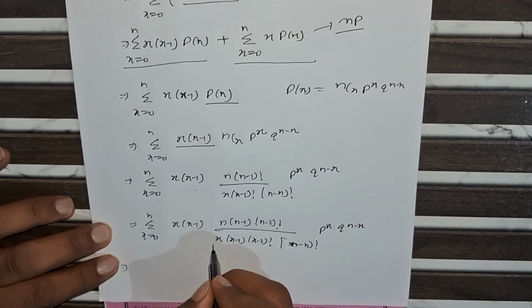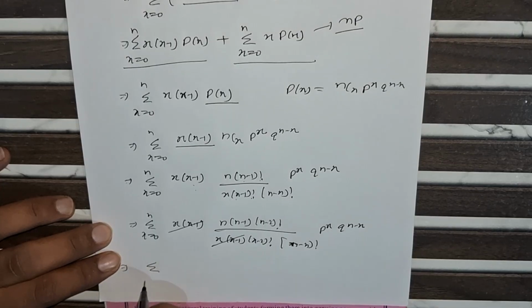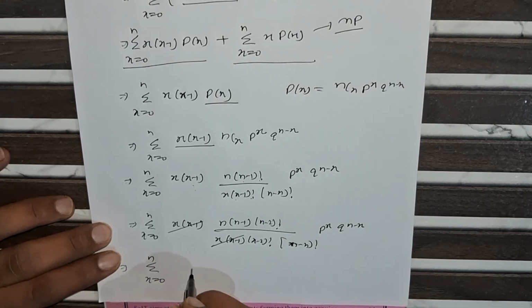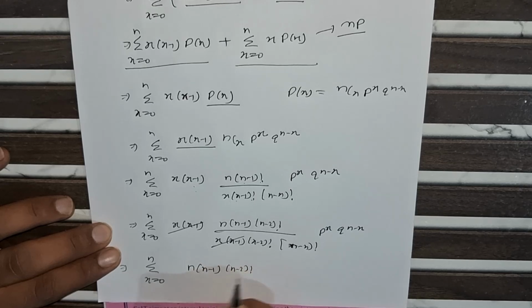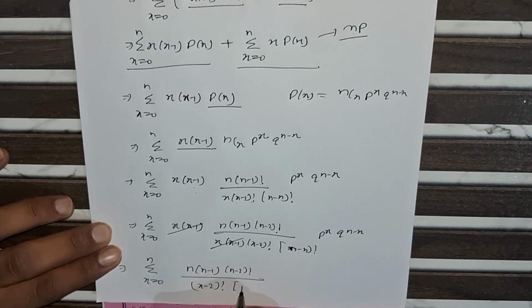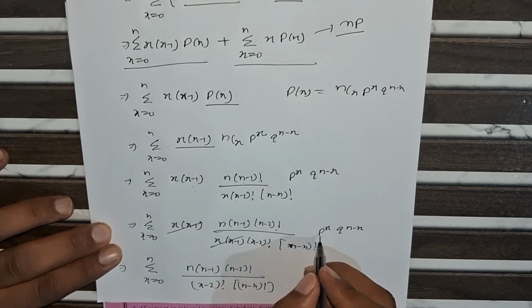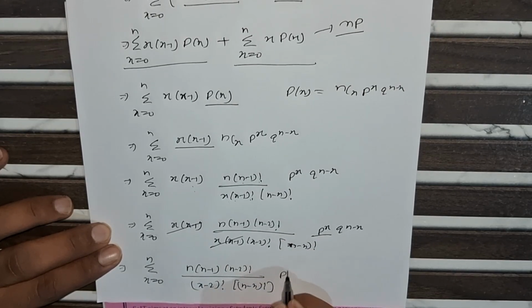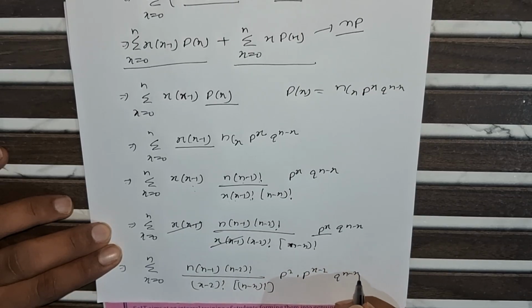Like that this will cancel out. So summation x equals 0 to n of n into n minus 1 into n minus 2 factorial divided by x minus 2 factorial, n minus x factorial. We can write it according to the mean: p square into p of x minus 2, q of n minus x.